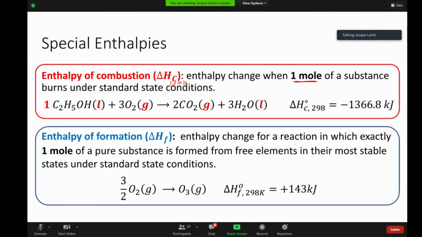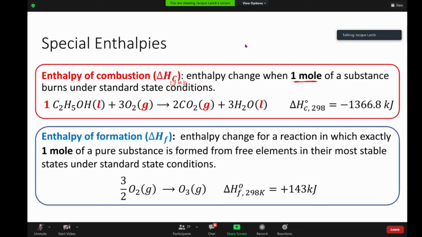And I'll show you what that looks like. So under normal circumstances, when we taught you to balance equations, we said you had to have whole number ratios. But for these special enthalpies, you can have fractional coefficients, and delta H of combustion is one example of that.